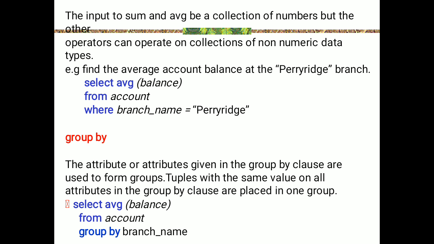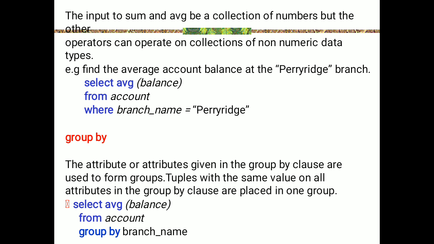Select AVG balance from account group by branch name. So if I have 4 branches, CSE, IT, mechanical and civil, though there are a number of rows of CSE branch, by group by clause they will get together and it will be written as CSE, IT, mech and civil. Then what will be the next thing? Select AVG balance.